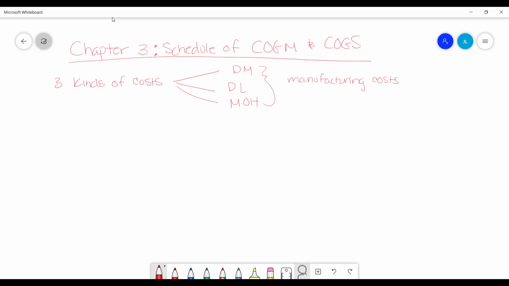So these schedules are going to calculate the cost of raw material and direct labor used in production and the amount of manufacturing overhead applied to production. And then we're also going to use them to calculate the manufacturing costs associated with goods that we finished during that specific period.